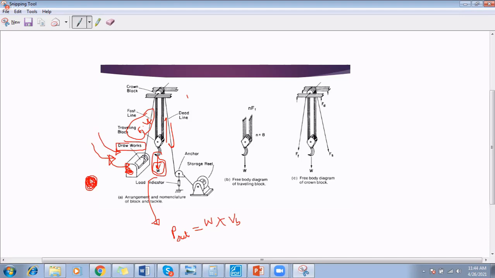So when you take the ratio of output power and input power, then you will get the efficiency.